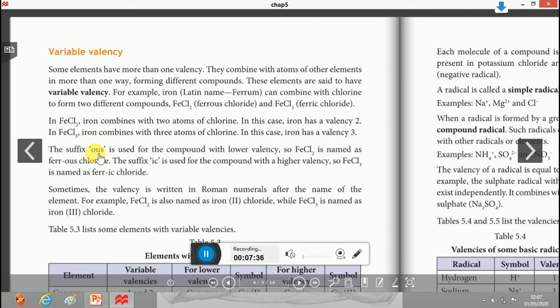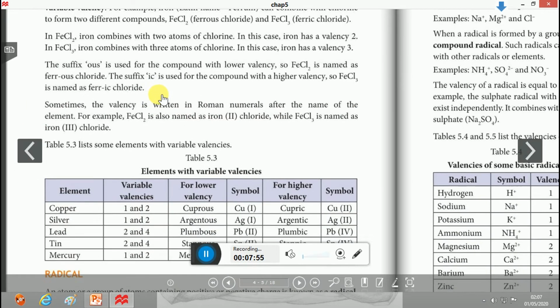The suffix -ous is used for the compound with lower valency, and the suffix -ic is used for the compound with higher valency. For example, iron has two valencies.